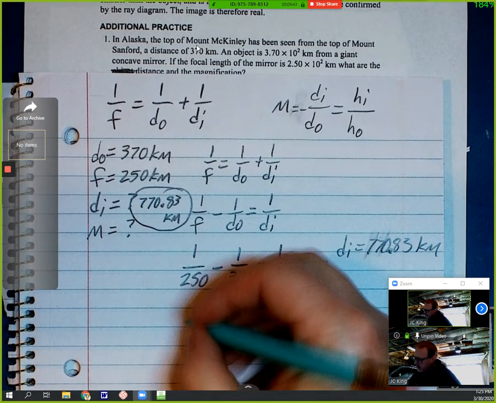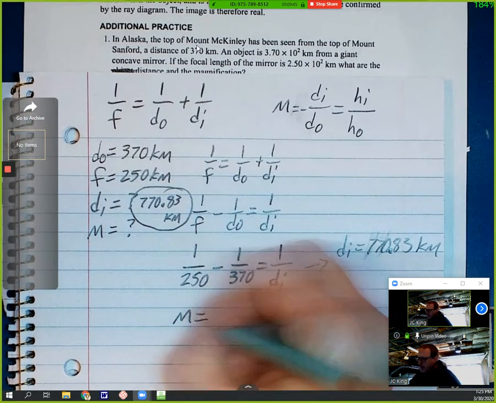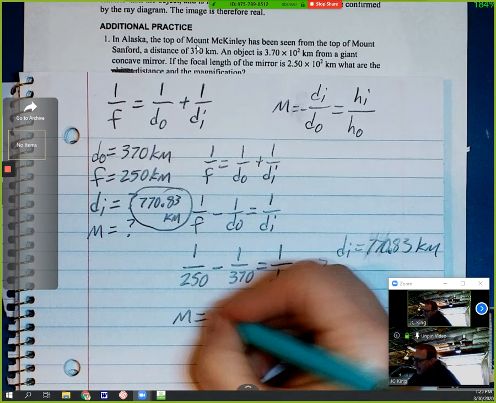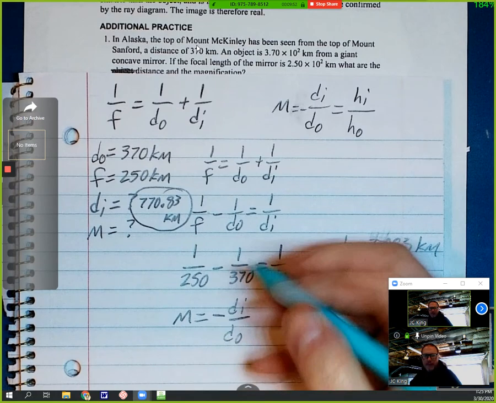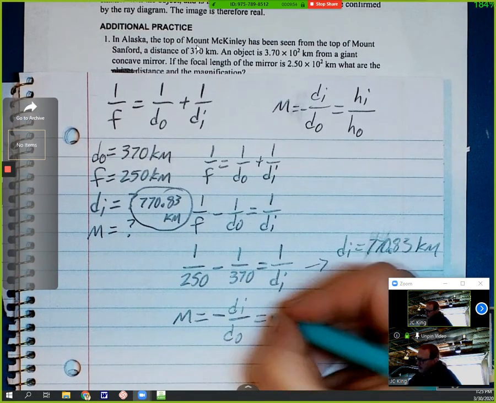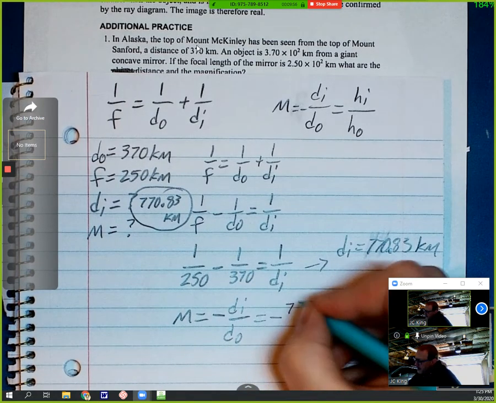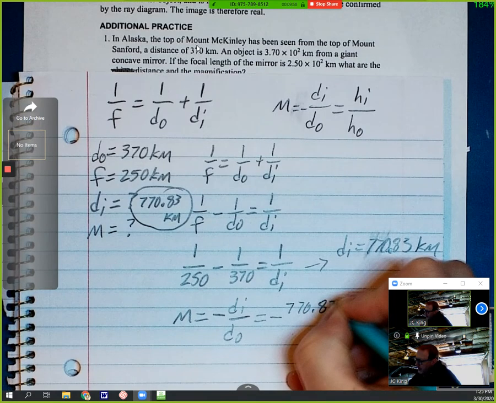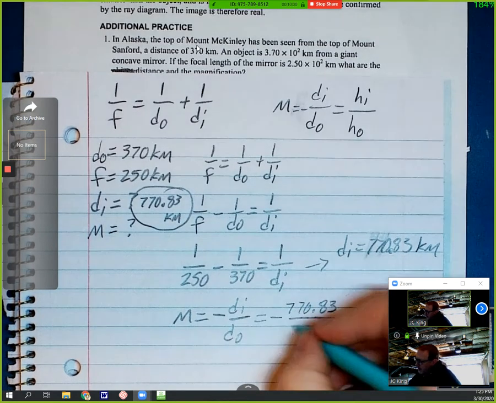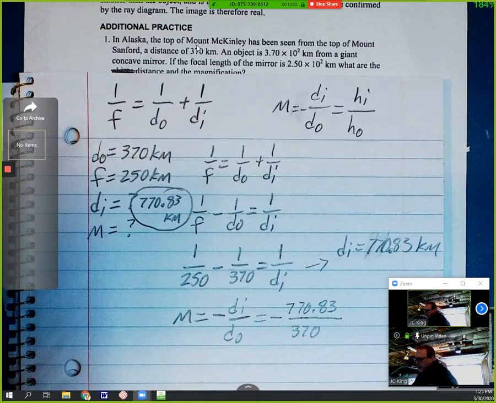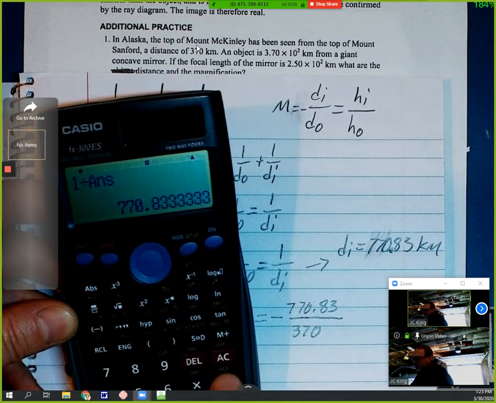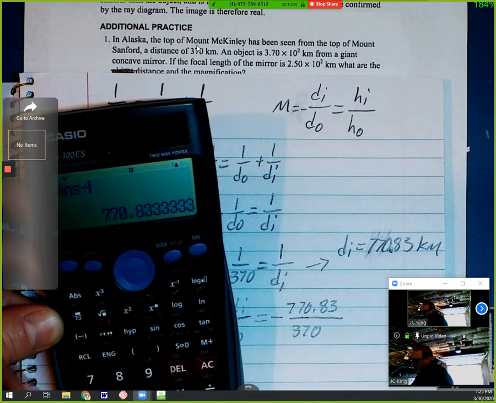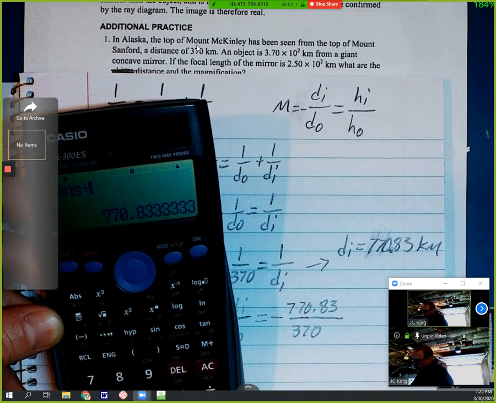And I'm going to put M equal to negative DI over DO. So that's going to be negative 770.83 over 370. Since I've still got 770.83 in my calculator, I'm going to do that divided by negative 370.